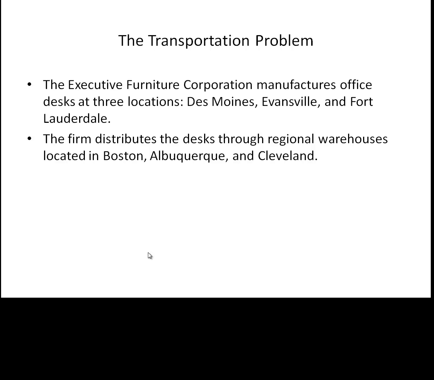In this case, we have our supplier, which supplies desks from 3 locations: Des Moines, Evansville, and Fort Lauderdale. And from these 3 locations, we are sending them to warehouses, which are our demand function, in Boston, Albuquerque, and Cleveland.